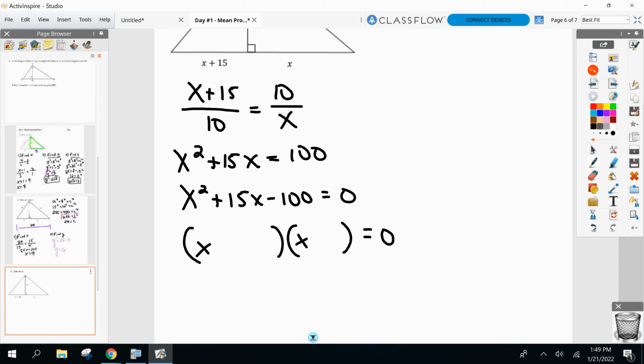How are we doing with these numbers? Multiply to negative 100, add to 15. We find the numbers? Let's find out.